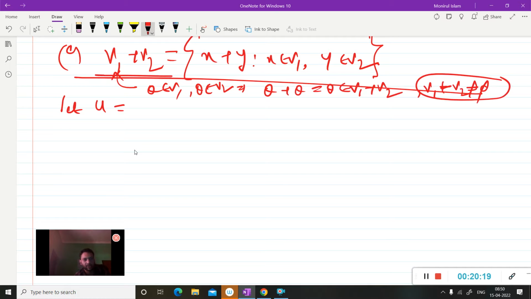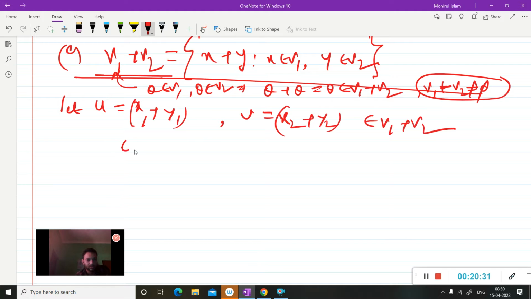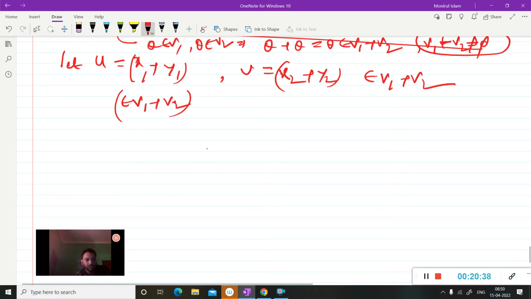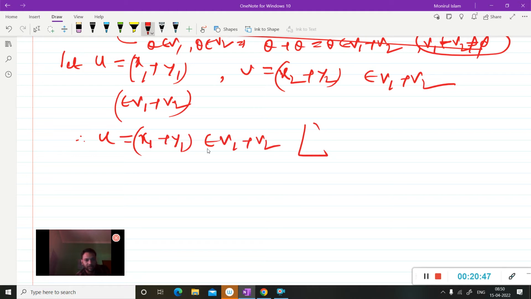Okay, so that is the first condition. Now I have to take two vectors. So I am taking u equal to x1 plus y1 and v equal to x2 plus y2, both belonging to V1 plus V2. Since u belongs to the linear sum V1 plus V2, x1 belongs to V1 and y1 belongs to V2.